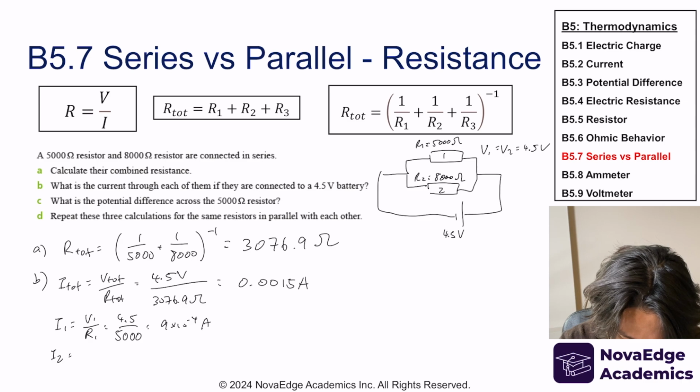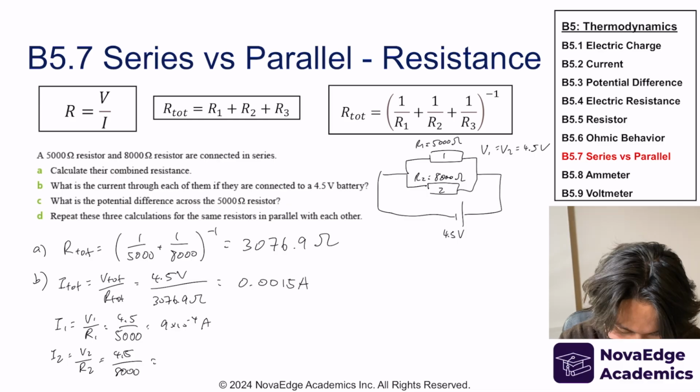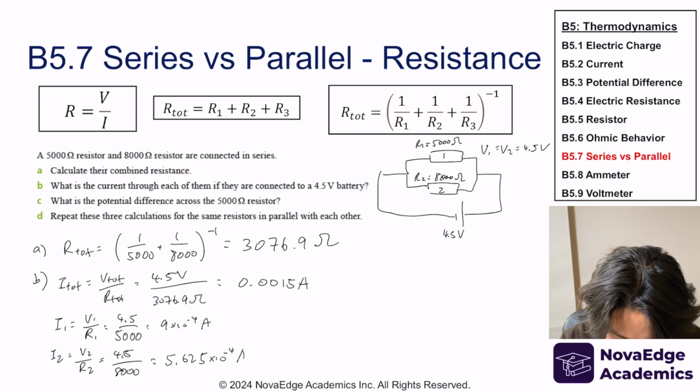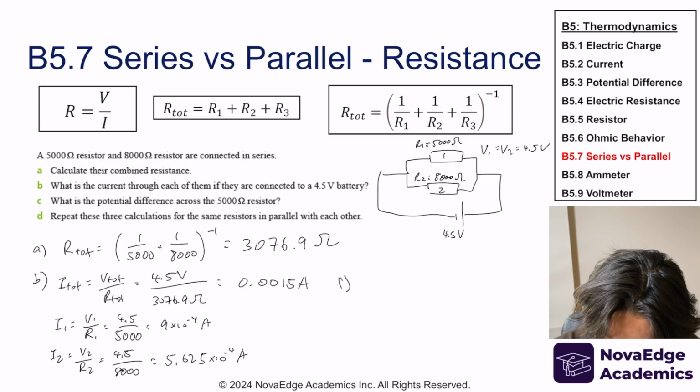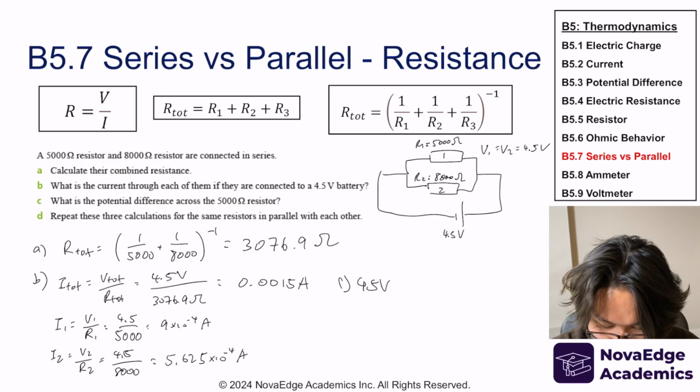And I2, which is V2 over R2. Boom. Okay. And now let's find the potential difference across 5,000 ohm resistor. Well, we actually already know that to be 4.5 volts. So 4.5 volts. Okay, that's it.